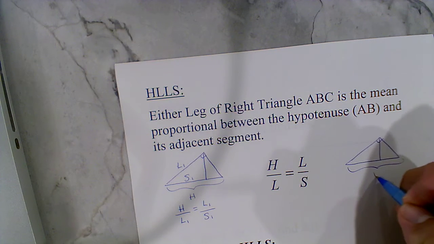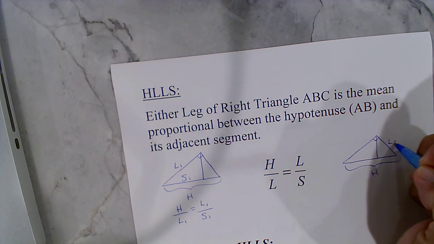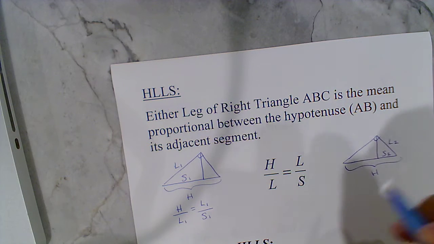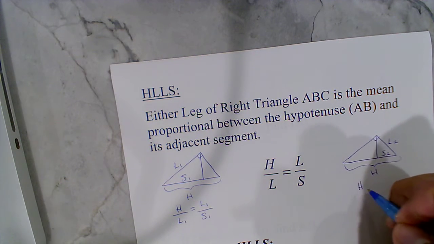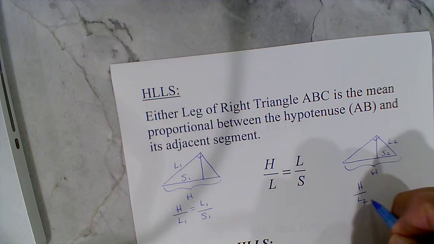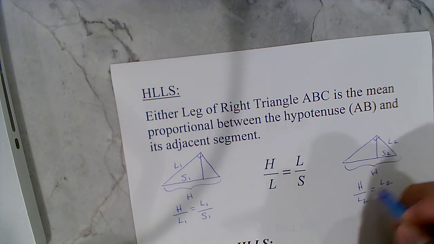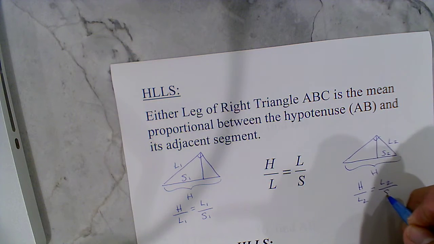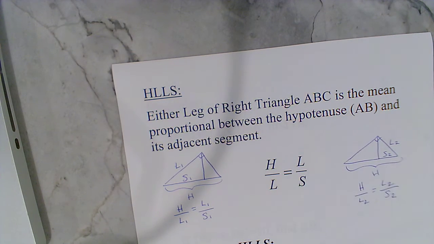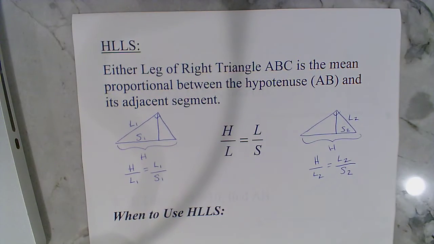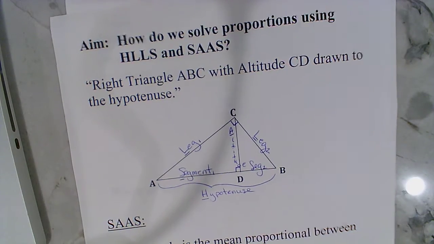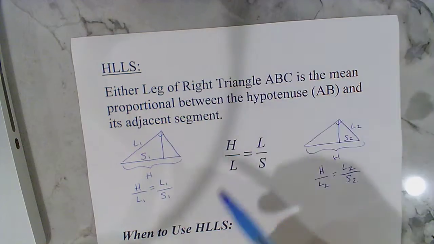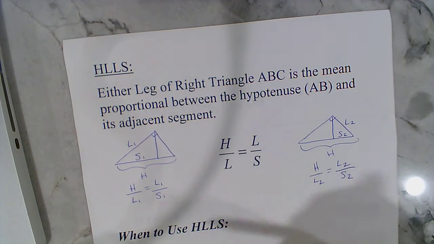Same scenario here. Again, you have your hypotenuse. This was leg 2, this was segment 2. So you could also write HLLS for leg 2. That would be hypotenuse over leg 2 equals leg 2 again, mean proportional, over segment 2. The annoyance of this for some kids is, wait a second, if I look back here, I've got 2 legs, and this one, HLLS, has 2 legs in it, so it's got to be 1 and 1, but it's not.